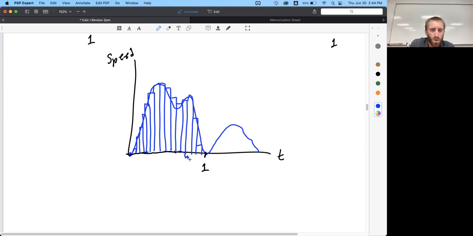And so for the base, I can just think about some small amount of time, which I might call delta t. Just the change in time between the previous rectangle and my current one. And then the height of these rectangles will be whatever the function value is there, whatever your speed was at that little snapshot in time.